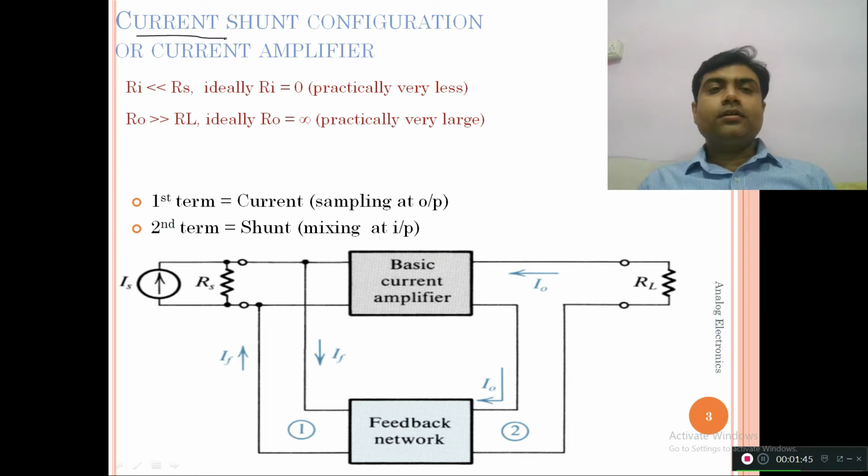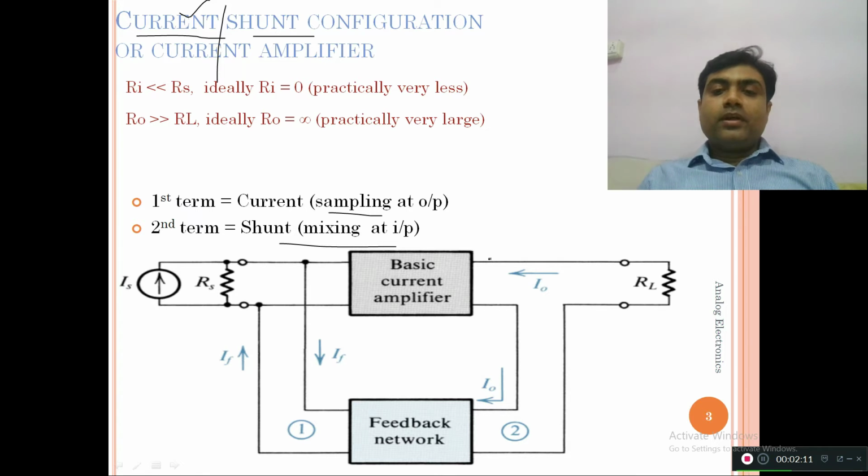the current shunt configuration. I have told you many times earlier that whenever any configuration is given to you, just divide it into two parts and understand. The first term gives the sampling, which is done at the output side as written over here, and the second term gives the mixing, which has to be done at the input side. Here we are sampling the current.